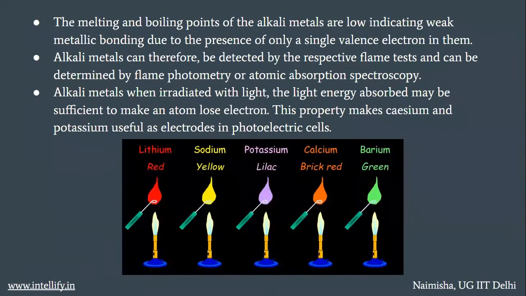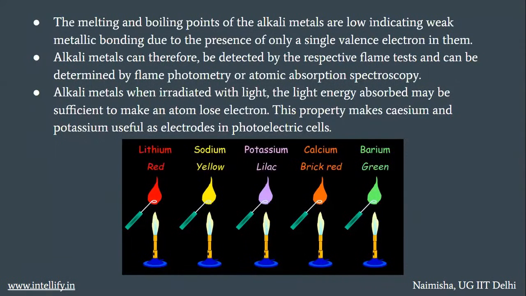The melting and boiling points of alkali metals are low, indicating weak metallic bonding in them. Alkali metals can therefore be detected by this flame test, and this flame test is used in flame photometry and atomic absorption spectroscopy.